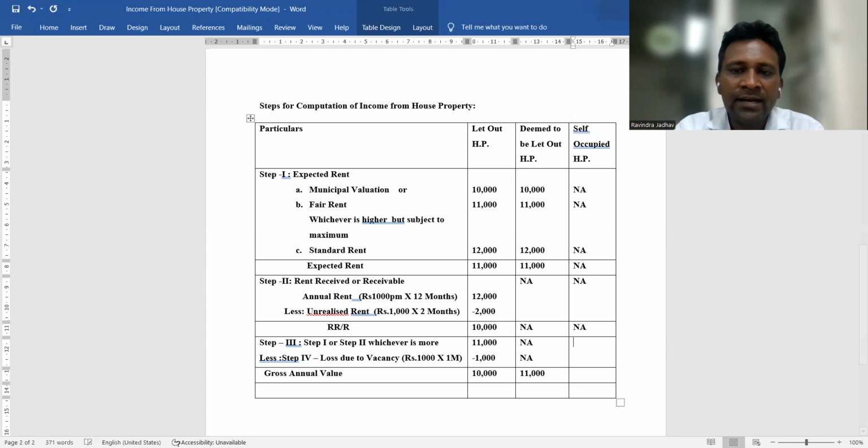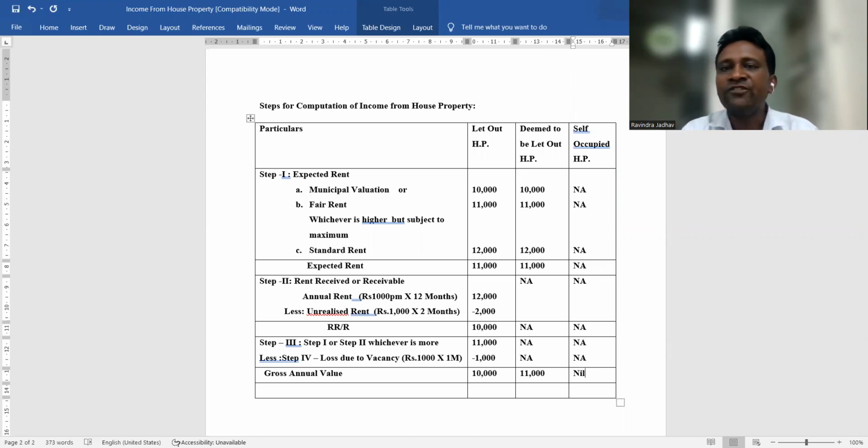मग मला एक सांगा की सेल्फ ऑक्युपाईड हाऊस प्रॉपर्टीचं ग्रॉस अॅन्युअल व्हॅल्यू, व्हॉट इज द ग्रॉस अॅन्युअल व्हॅल्यू फॉर सेल्फ ऑक्युपाईड हाऊस प्रॉपर्टी? इट इज ऑलवेज नील. तुम्हाला ऑब्जेक्टिव्ह टाइप क्वेश्चनमध्ये विचारू शकतात, विच टाइप ऑफ हाऊस प्रॉपर्टीज ग्रॉस अॅन्युअल व्हॅल्यू इज ऑलवेज नील.